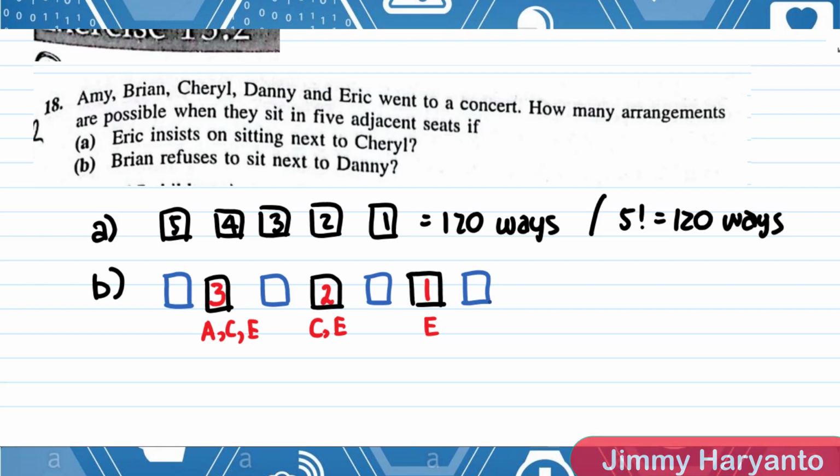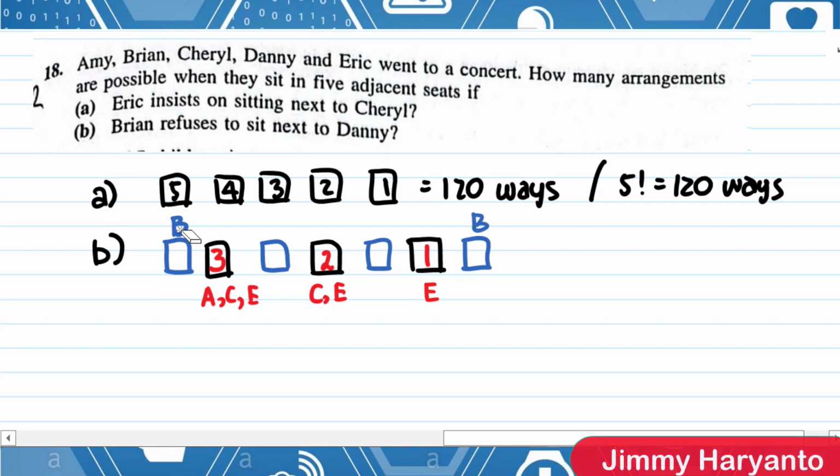Because when Brian and Danny fill in the boxes, they will be automatically separated. If Brian is here and Danny is here, they are still separated. So when Brian and Danny fill in the blue boxes, they are automatically separated. For the others, 3 times 2 times 1, we already have 6.